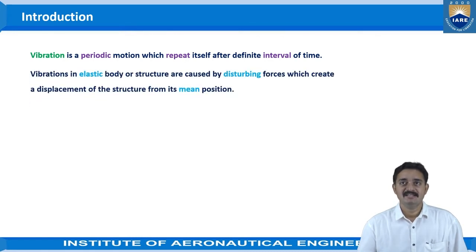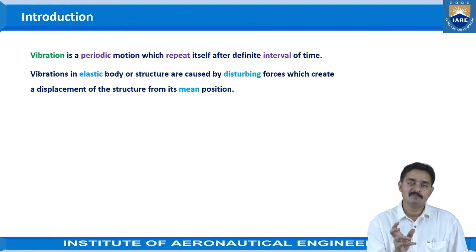And vibrations in an elastic body or structure are caused by disturbing forces which create a displacement of the structure from its mean position. Like we have discussed, there should be a certain disturbance force that needs to be applied to the object in the system for the object to move.